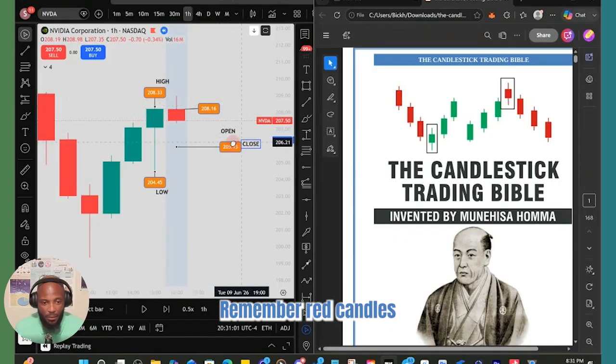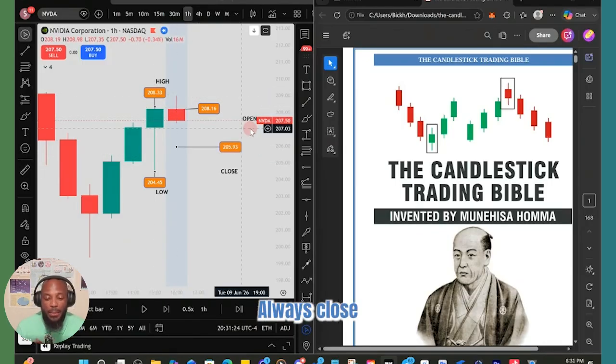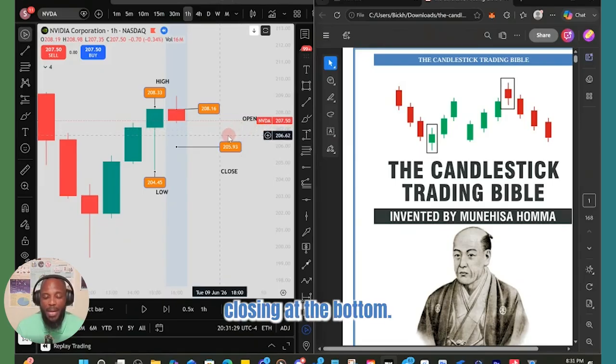Again, remember, red candles always open where? It opened at the top. Red candles always close at the bottom. Always, always, always. Think of red closing at the bottom because it's going down. Green closing at the top because it's going up.